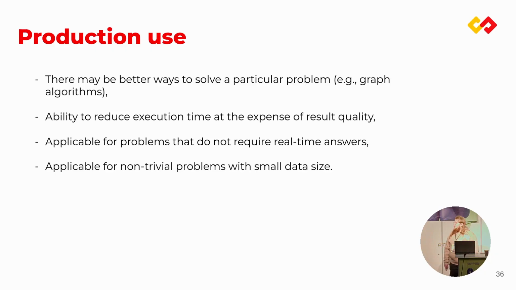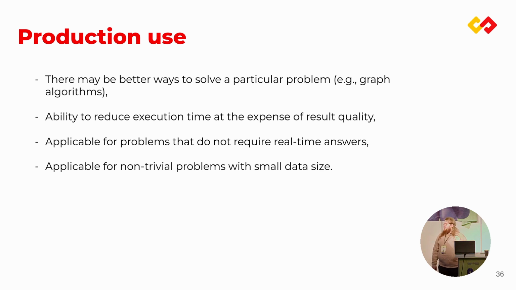Okay, so what about production? First, we need to discover if there are other, better solutions. For example, in our case, it may be a graph algorithm. It may be much faster and give some results. We may be able to limit execution time by decreasing the quality of the result.